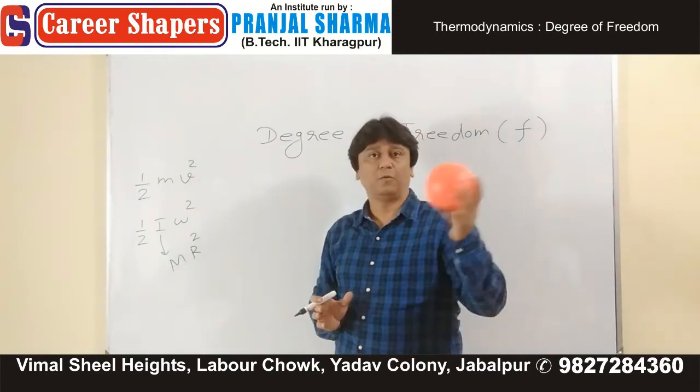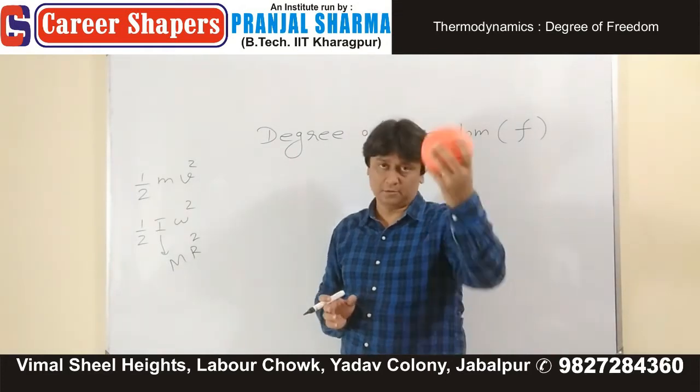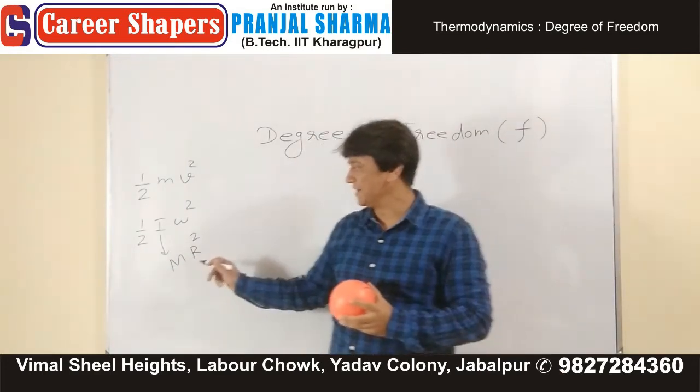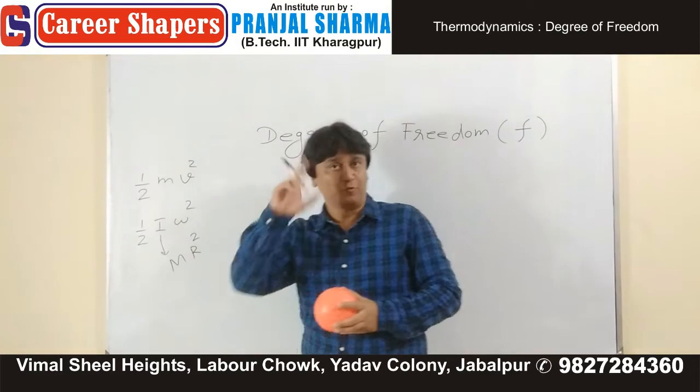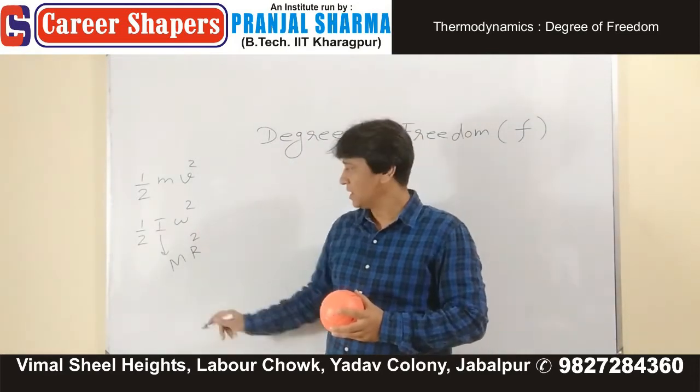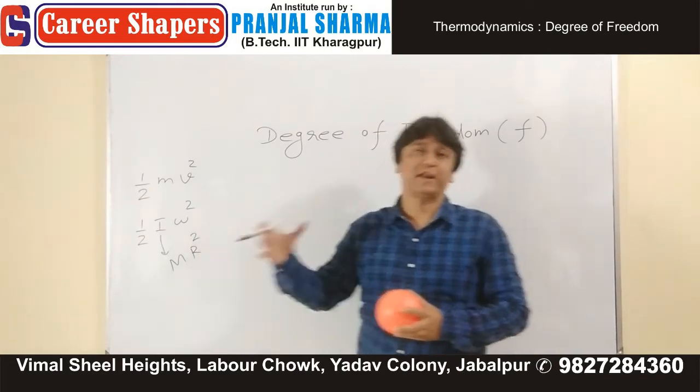Now, what it should be considered, I will leave it to you because you are intelligent enough. But we are not into that. We are into the mr square portion. Now this r is very, very small.